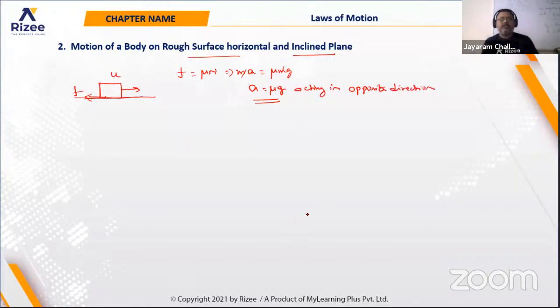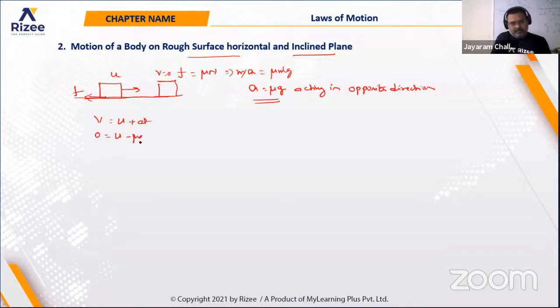Then, after how much distance is it going to stop, and so on. If it already has the initial velocity, then after traveling some distance, if the block stops, the final velocity will be 0. In that situation, if we apply v is equal to u plus at, then 0 is equal to u minus mu g into t. After t is equal to u by mu g seconds, the block will stop.